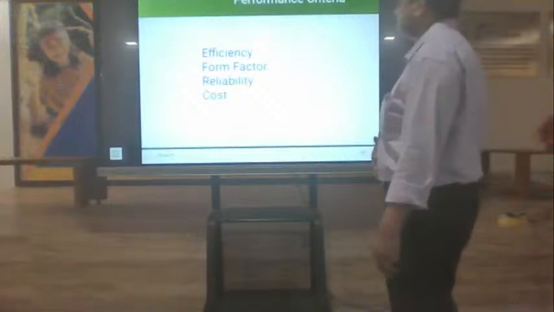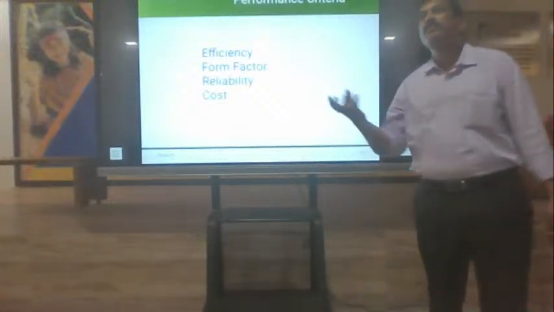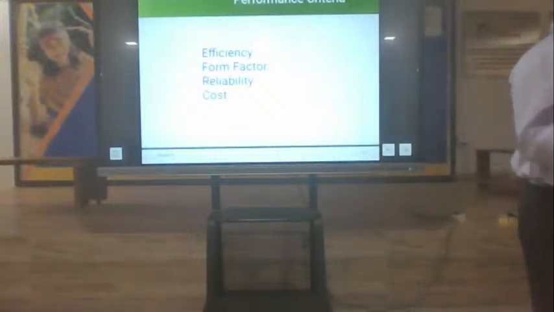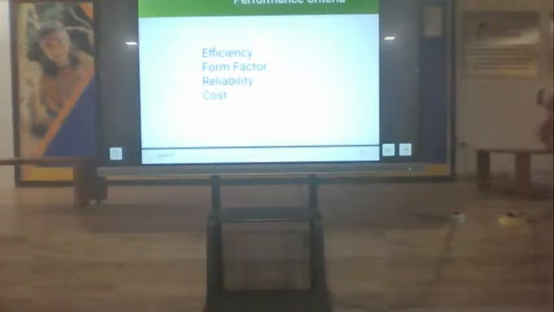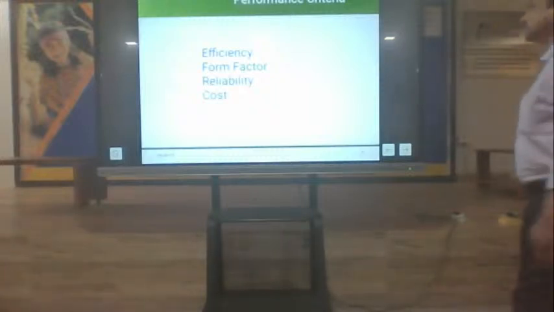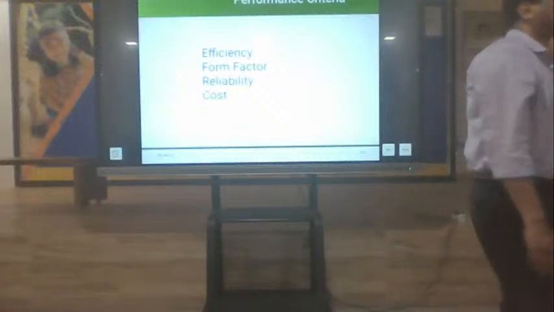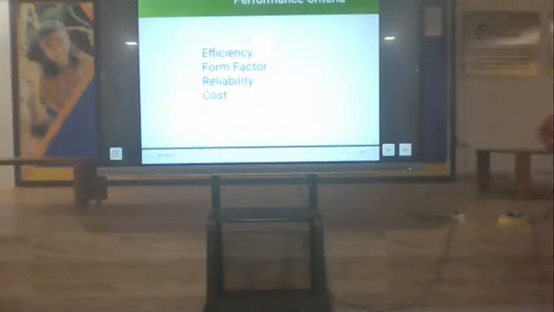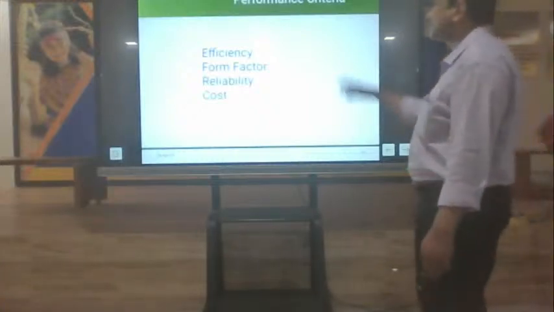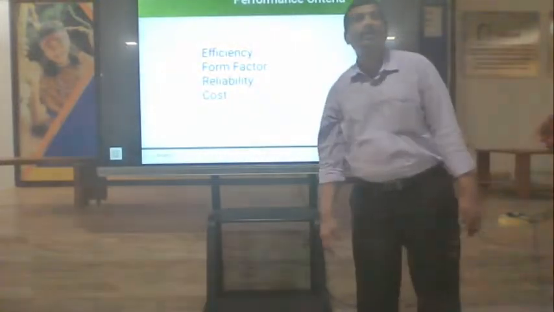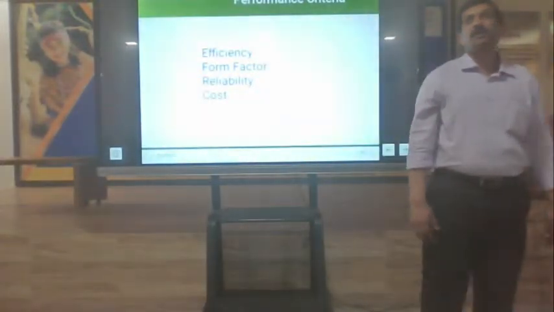The second is form factor, in the sense of dimensions: how small is my DC-DC converter? The third one is reliability: how well it works under various conditions like excessive temperature, excessive input or less input. Then ultimately the cost. These four are the performance criteria for any DC-DC converter.